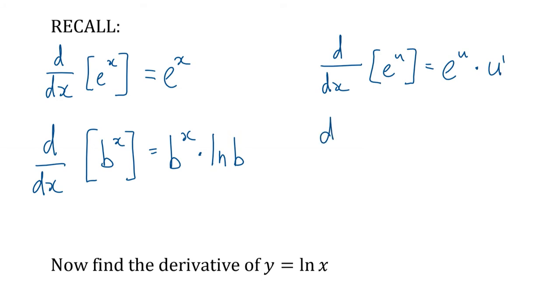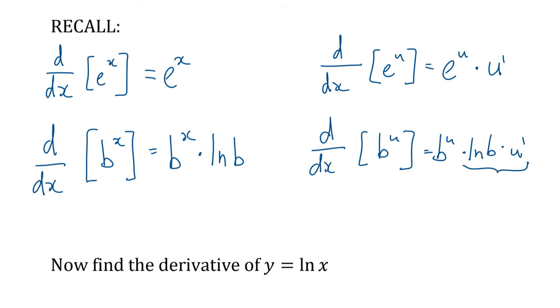And then same thing, d by dx of b to the u equals b to the u times ln b times u prime. The order of these doesn't matter. It's not going to be right or wrong. Multiplication order doesn't matter. That's just the habit that I'm in. Some people might want to put ln b at the end because it's a constant. But if you do it at the end, just don't forget about it.